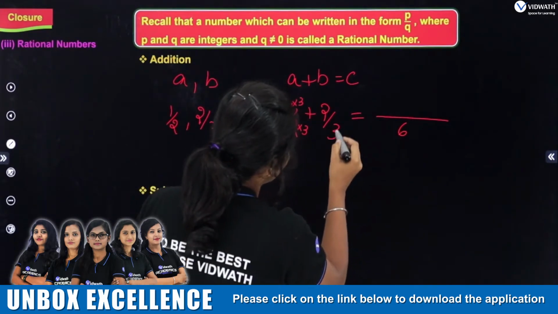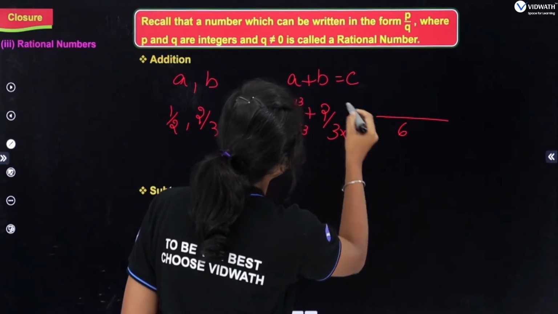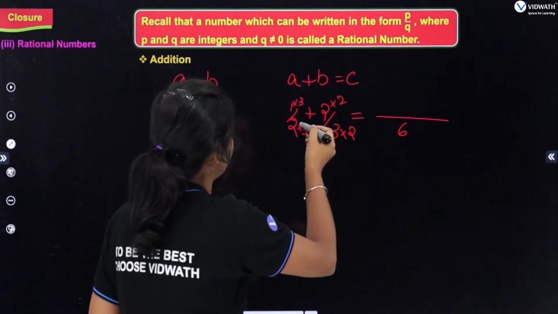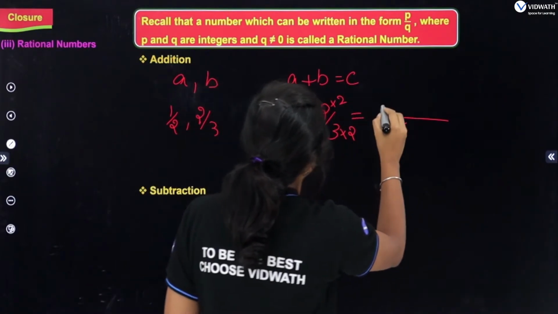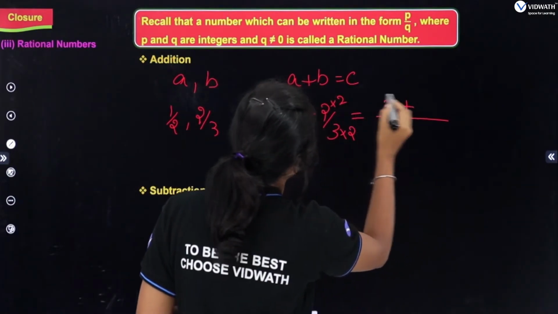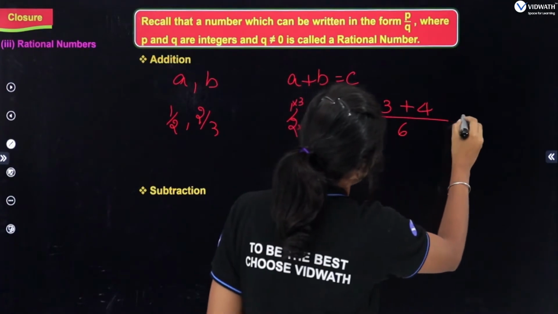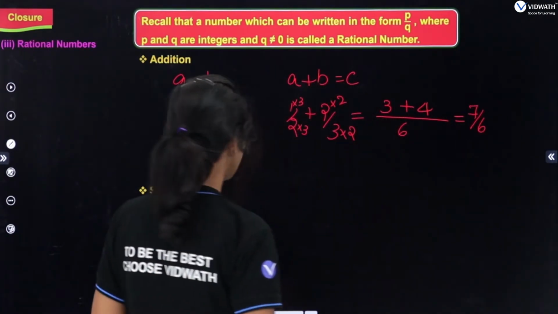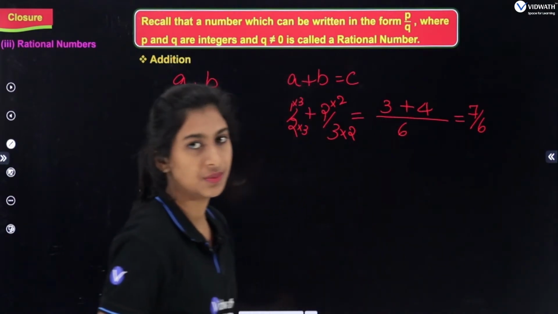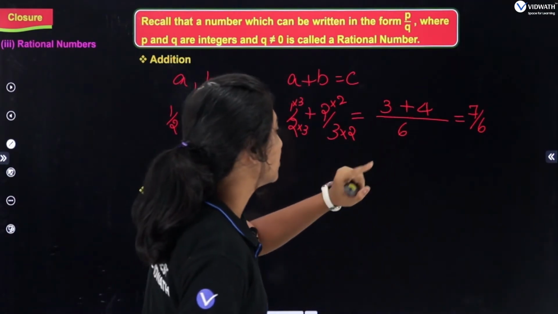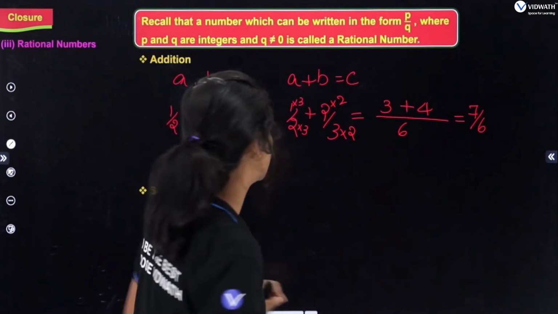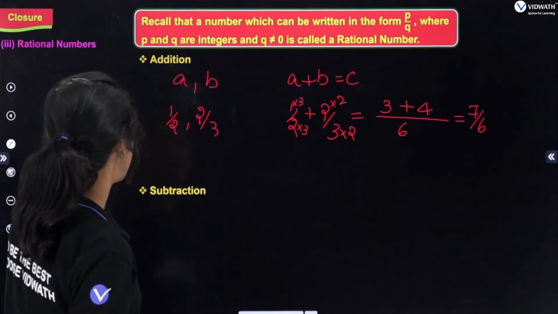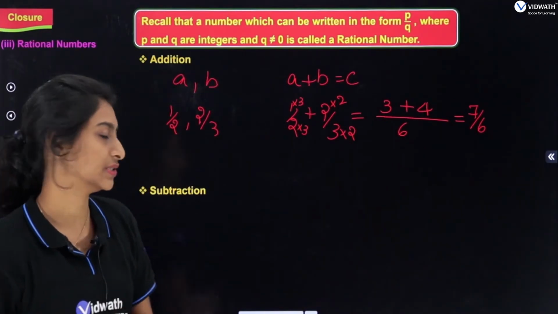Here we have 3. To make it 6, we will multiply with 2 and multiply the numerator as well. So, 1 into 3 is 3 plus 2 twos are 4, which is equal to 3 plus 4 is 7 by 6. Is 7 by 6 a rational number? Yes. 7 by 6 is also a rational number.